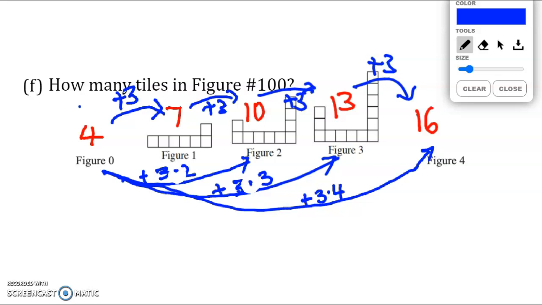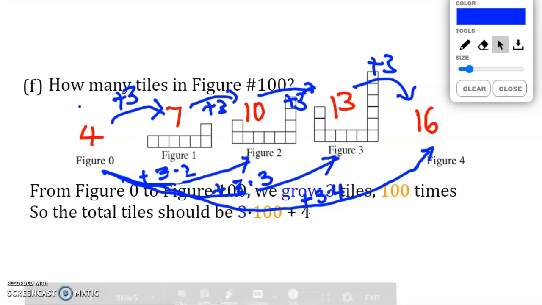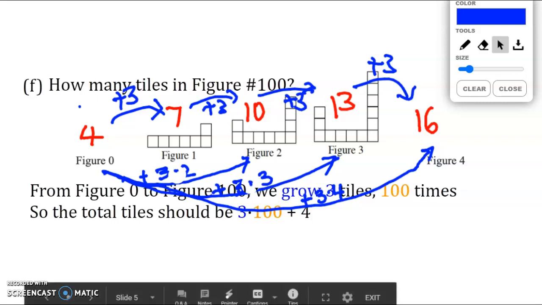If we use this pattern, can you figure out how many times the 3 would have been added for the 100th figure? We would have added 3 tiles 100 times, which is 3 times 100.